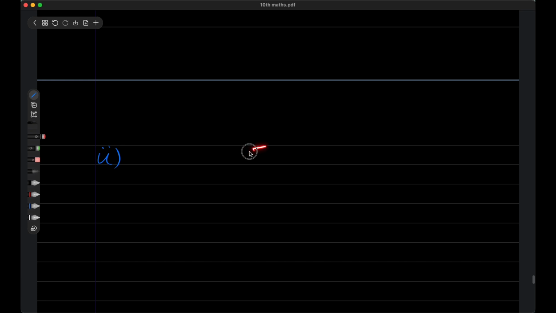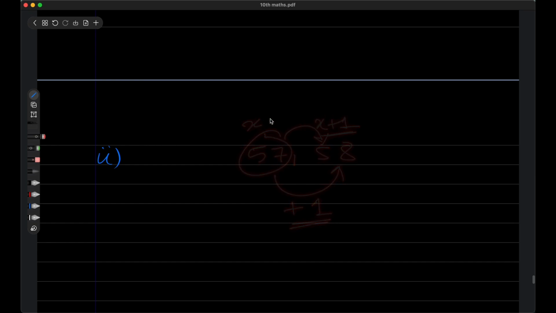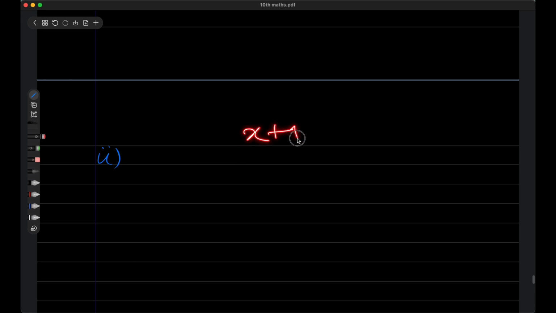If we assume 57 as x, then we get 58 as x plus 1, because if we add 1 to 57, we get 58. So we can assume x is the smaller integer and we get the larger integer by x plus 1.